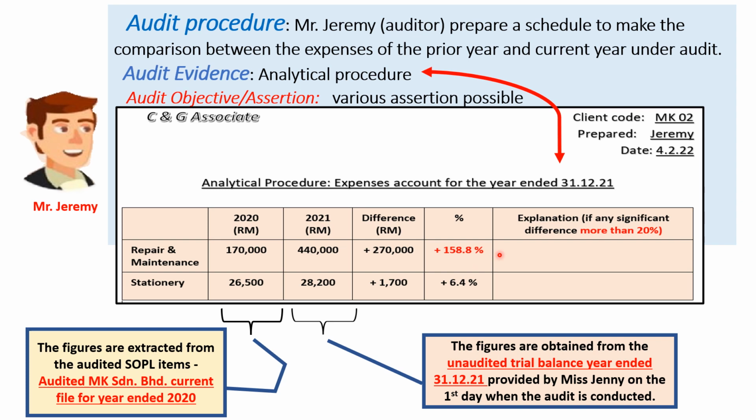For example, we can see this schedule has been prepared for the client MK02, which is MK Berhad, prepared by Jeremy the auditor, dated the 4th of February 22. Based on the computation, it was found there is a significant increase of more than 20% in the repair and maintenance. So an explanation will be derived when the next audit procedure is conducted by Mr. Jeremy with the client.